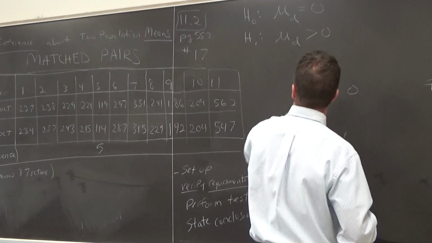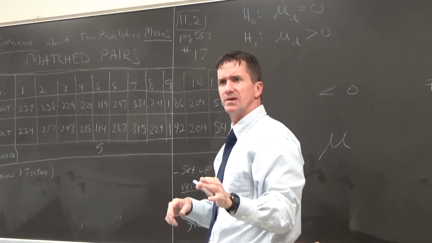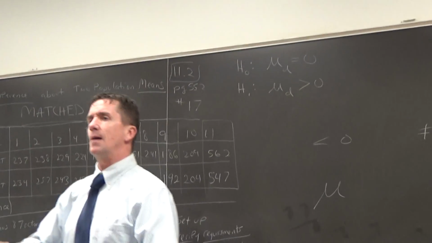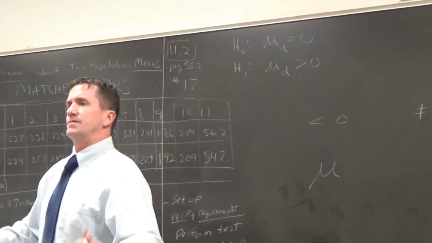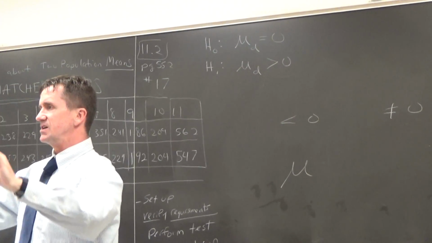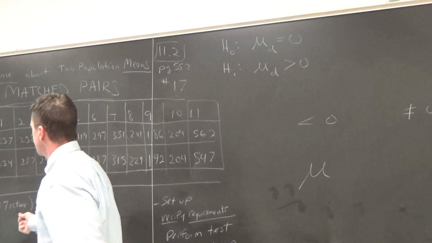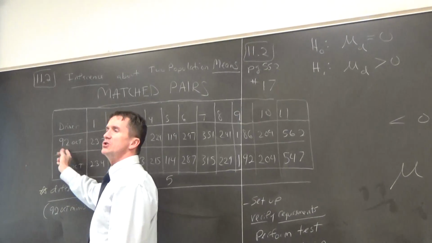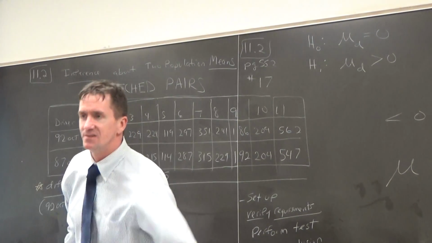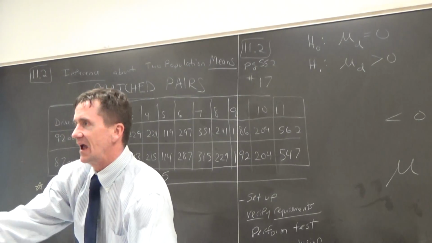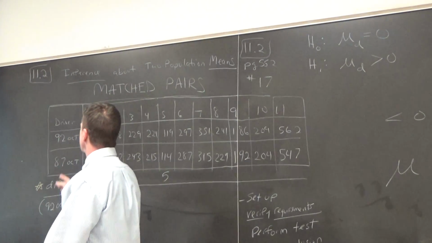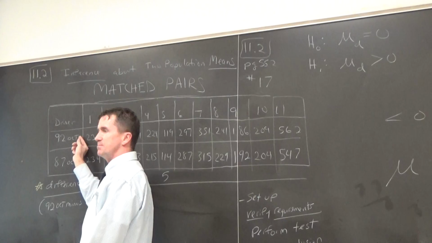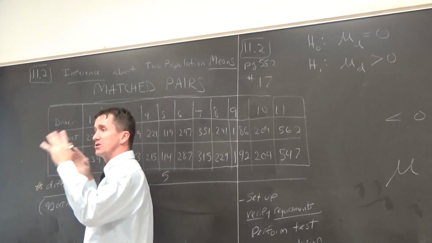I want to be clear about that again. People are like, wait, why did you make it greater than? It was about this whole problem we have here. The alternative hypothesis is that the 92 octane gives you further mileage in the vehicle, for the same amount of gallons, better gas mileage. So this minus this, with the smaller one subtracted, would always be a greater number.